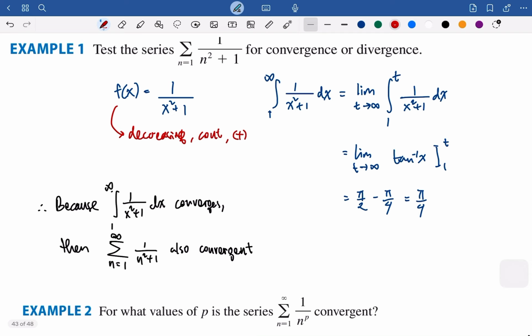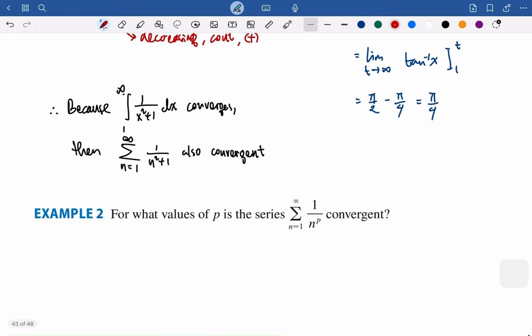Okay, so that's example one. Now example two, which I think is also a useful example. This is what we call the p-series. If you remember the improper integral, we did the p test when we compared 1 over x and 1 over x squared.